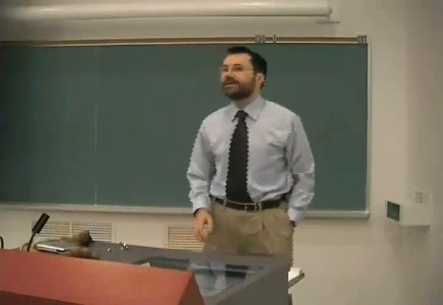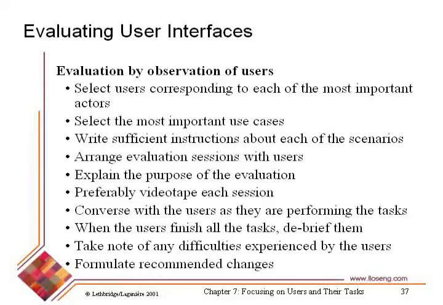The second technique is evaluating by observation of users, and this is where you absolutely have to have real end users. A collection of end users corresponding to each of the most important actors. So if you have different kinds of actors using your system, you pick a variety of different actors. Again, you focus on a few use cases, because at any given point in time, you can't test the entire system.